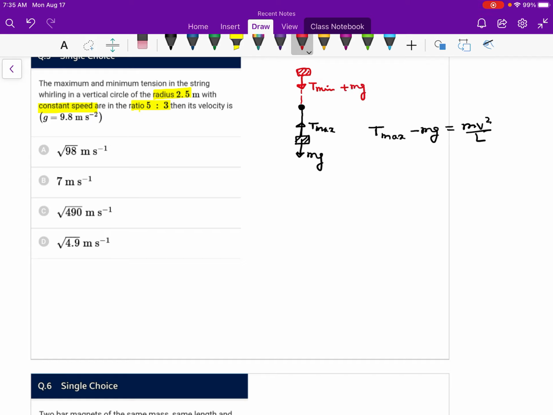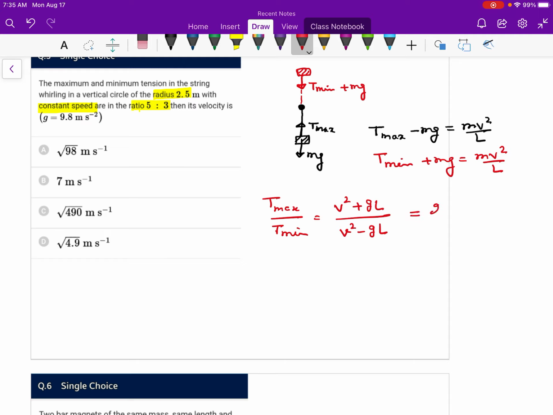Both Tmin and mg act downward. So Tmin plus mg is equal to mv square by L. So Tmax upon Tmin is (v square plus gL) upon (v square minus gL).